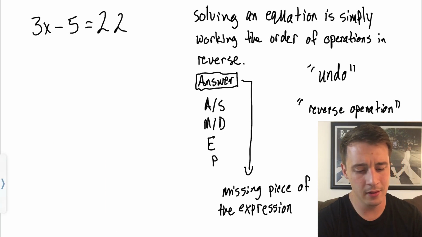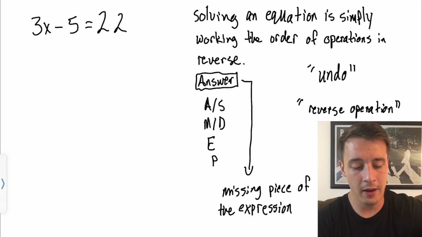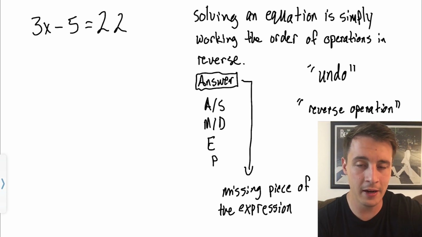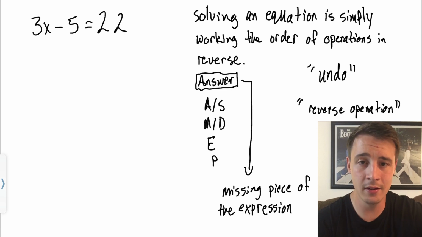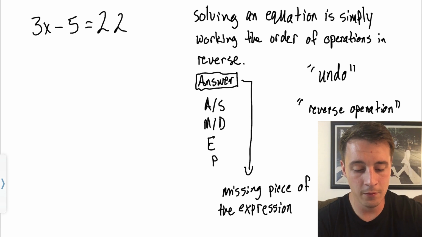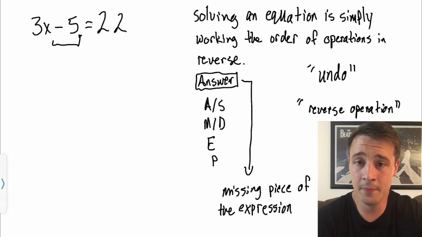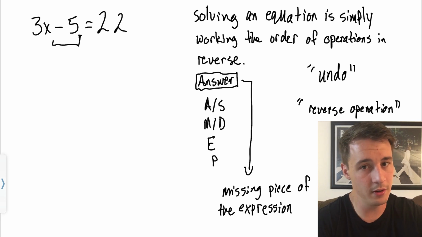So how does this work in this example? Well, I have 3 times some number minus 5 equals 22. So I know my answer, when it's all said and done, I should get an answer of 22. Now, first, I want to start with this minus 5, because again, we're doing the order of operations in reverse.